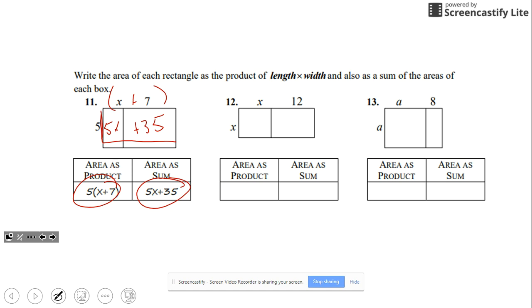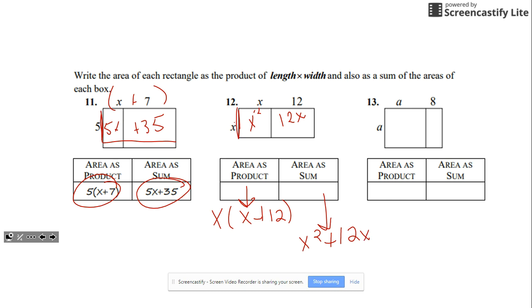For this one, I'm going to write my area as a product. We have the x, and then the length here is x plus 12. Then I'm going to multiply. That's x squared. And then x times 12, that's 12x. Writing it as a sum, I can't fit it in that box, we'll have x squared plus, since it's positive, 12x.